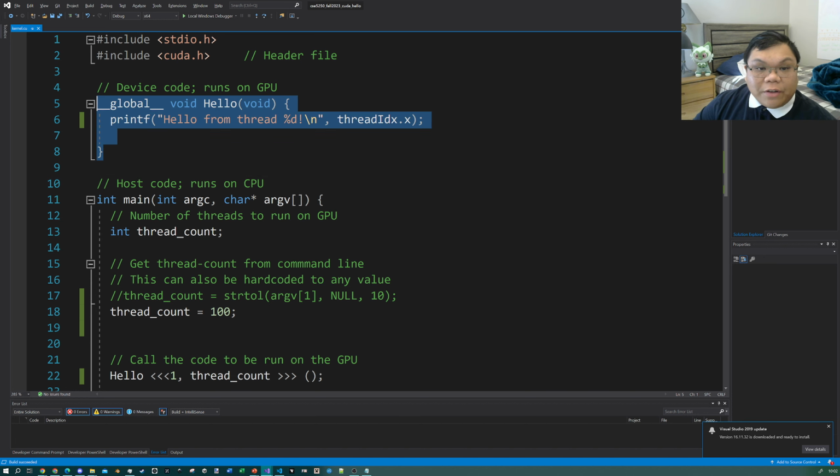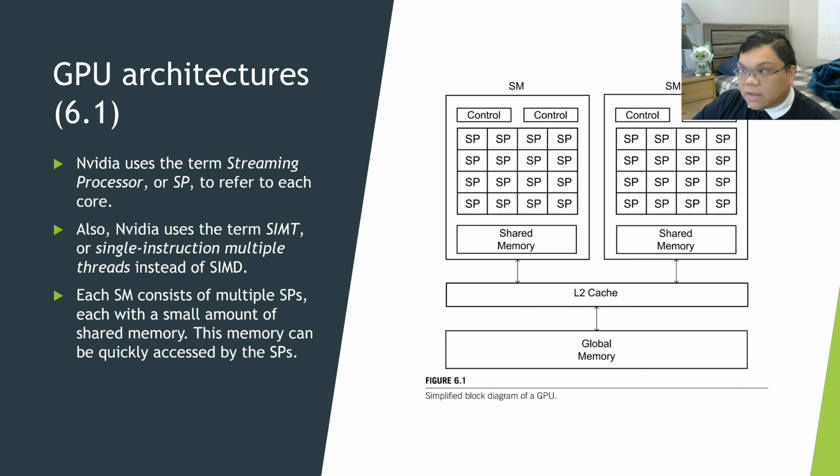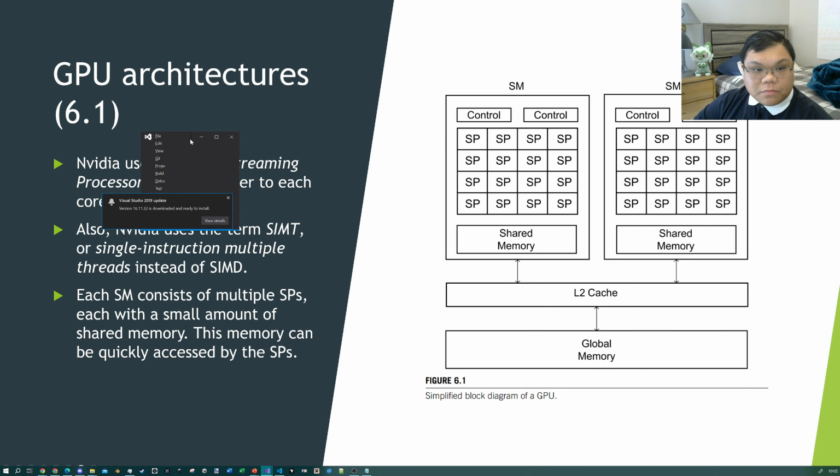Now, this code is being executed on individual streaming processors. So each SP here gets the same code to execute. It gets the same hello world code to execute.